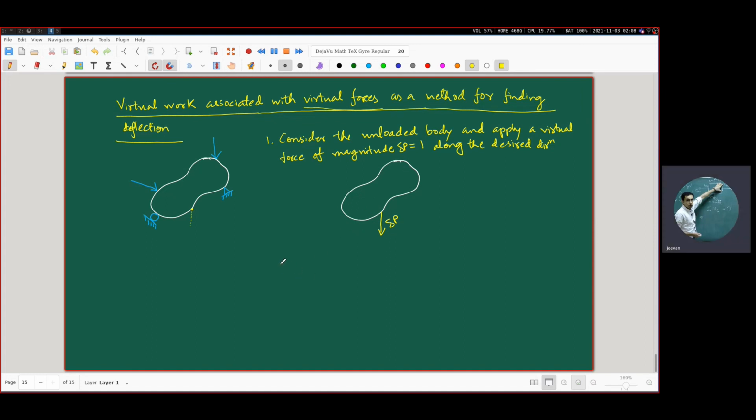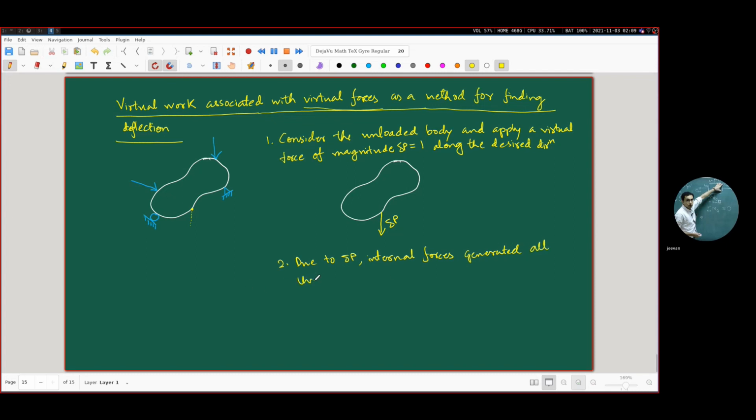So you calculate those internal forces due to delta P. As long as the body is statically determinate, we can find out the values of all those internal forces.